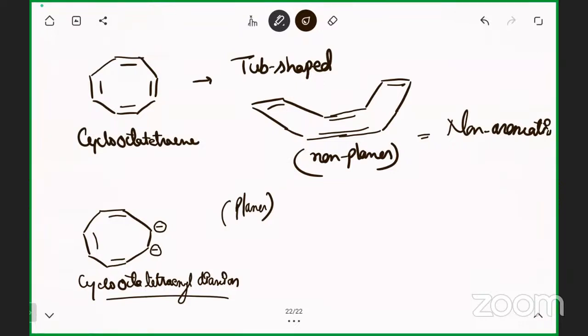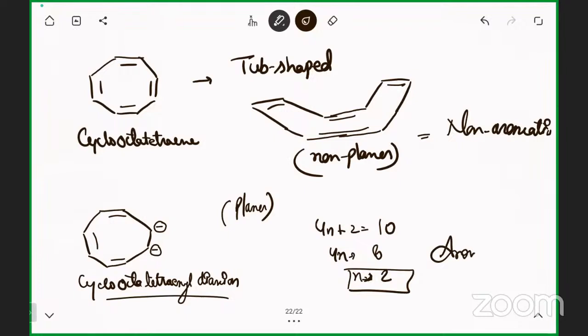Yes, this is a 10 electron system now. 4n plus 2 is equal to 10, 4n is equal to 8, n is equal to 2. Now this compound will be considered as aromatic. Clear? Yes, sir.